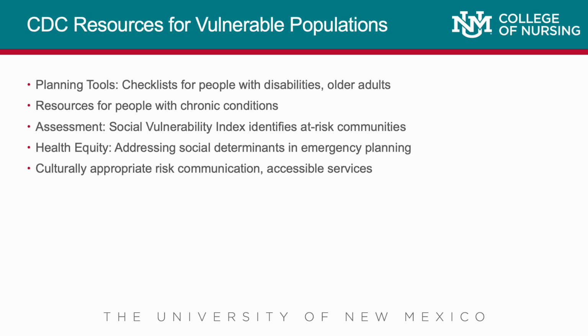The CDC provides planning tools like the Social Vulnerability Index to identify at-risk communities. They offer preparedness checklists for people with disabilities and chronic conditions. Their approach is grounded in health equity, ensuring culturally appropriate risk communication and inclusive planning.